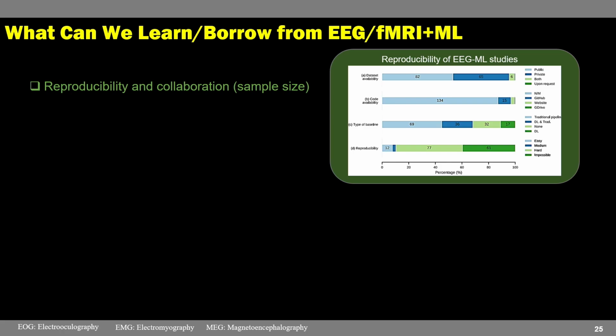But in the fNIRS case, so far there are not many open-access datasets for machine learning toolbox development. And another issue is that even when there are open-access datasets, they have different data formats or come from different devices, so we cannot use two kinds of datasets to train one machine learning model. That is also an issue.